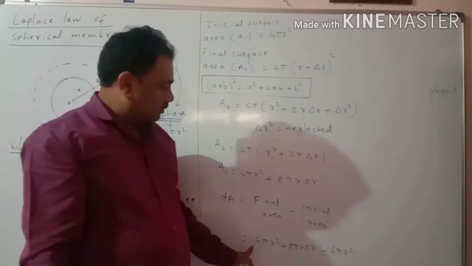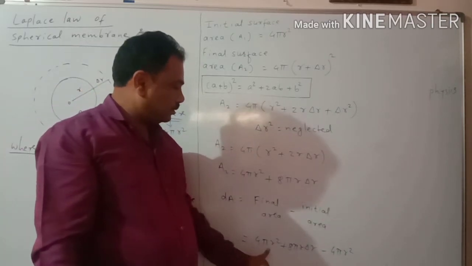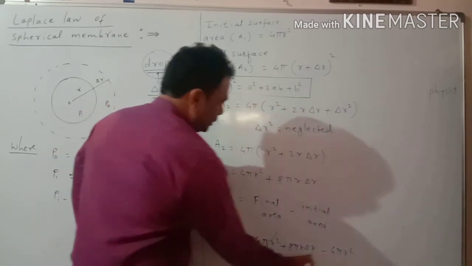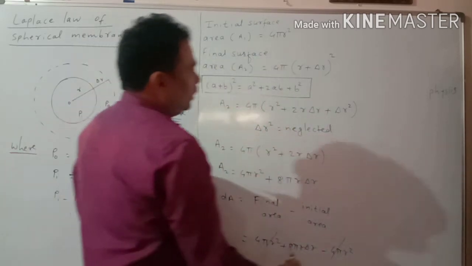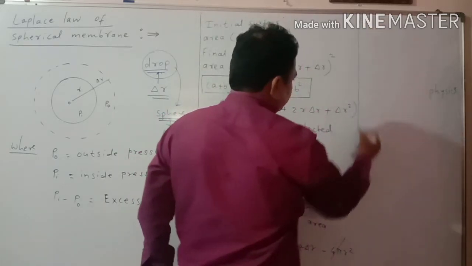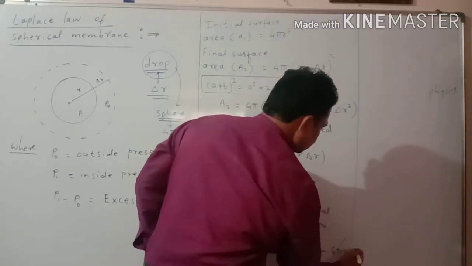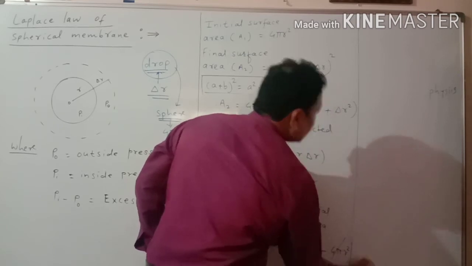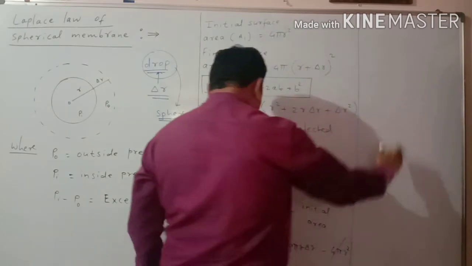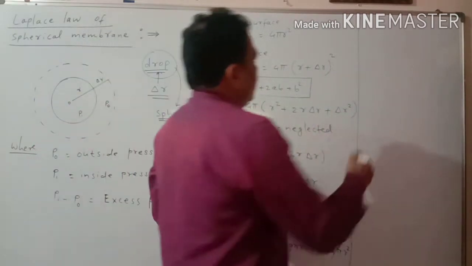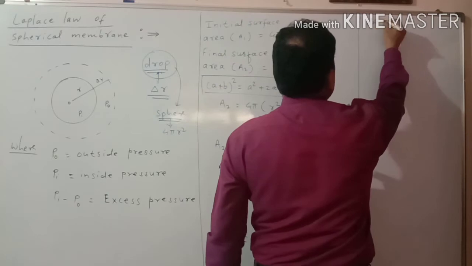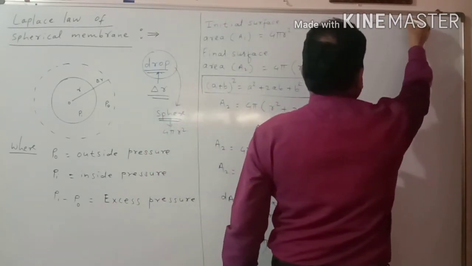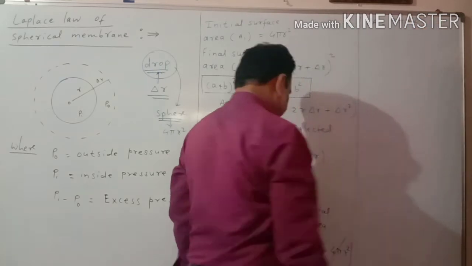See here, 4πr² and minus 4πr² will cancel. So the remaining term will be the change in area, that is dA is equal to 8πr into Δr.